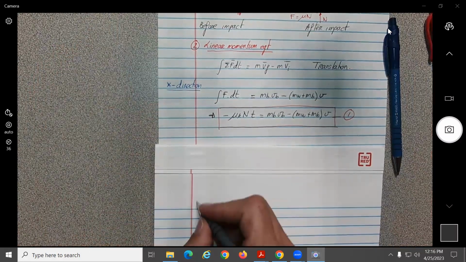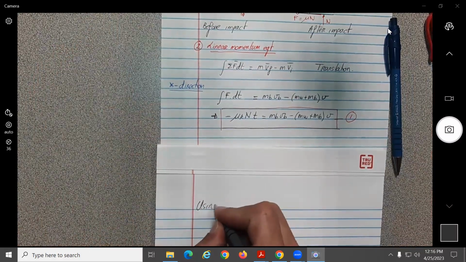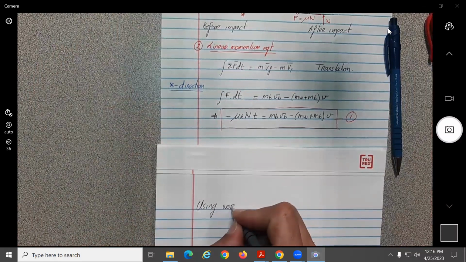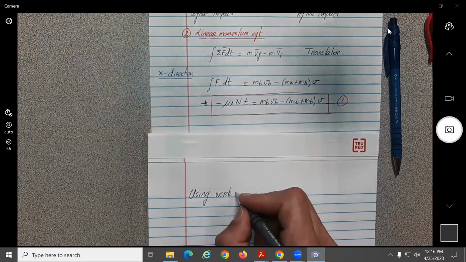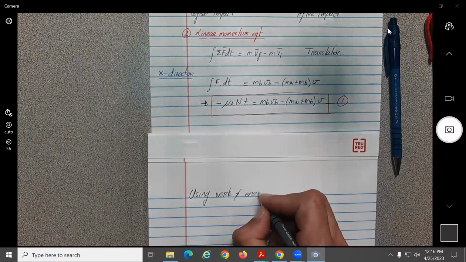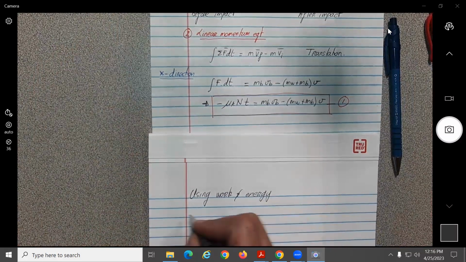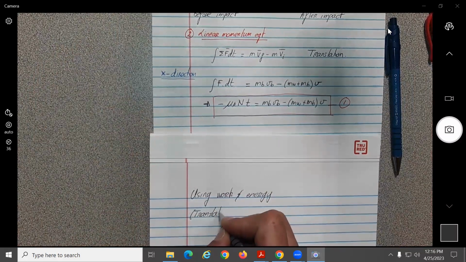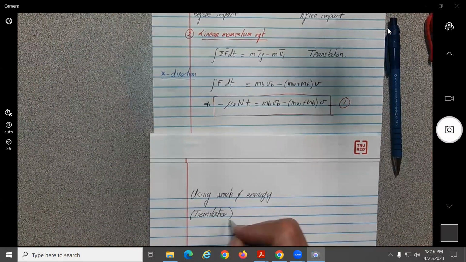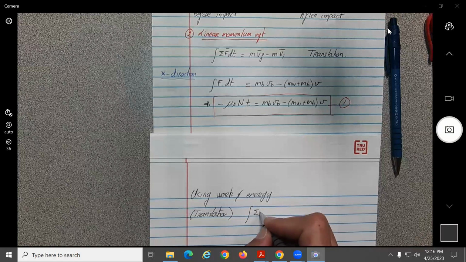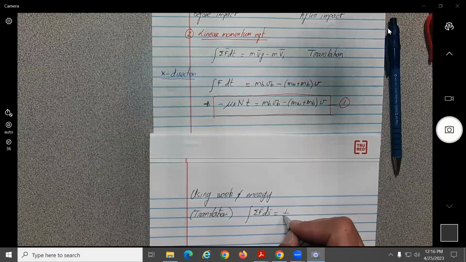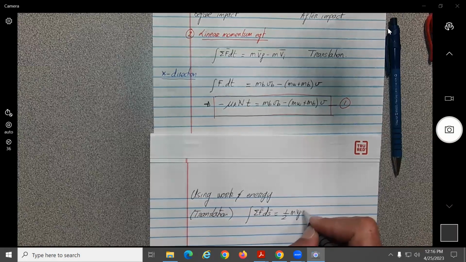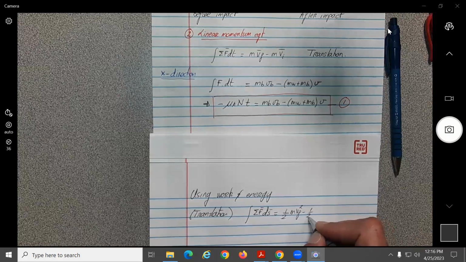Now, using work and energy, I don't see any other way. So for translation, what should be the equation? Summation of forces dr or ds would be equal to 1/2 mv final squared minus 1/2 mv initial squared.